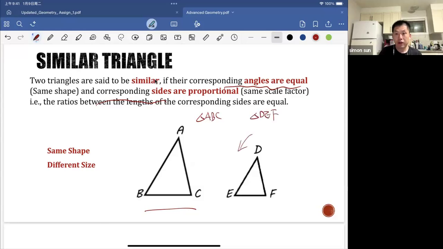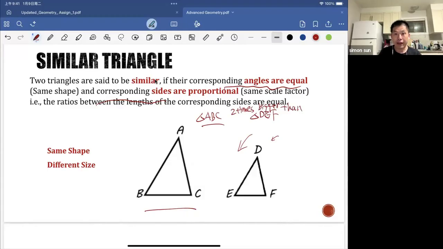Look at the graph. Those two triangles look the same. The only difference is the size, right? Based on this graph, we can say triangle ABC is 2 times bigger than DEF.